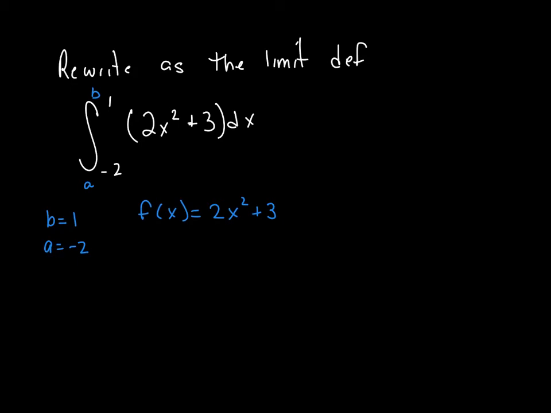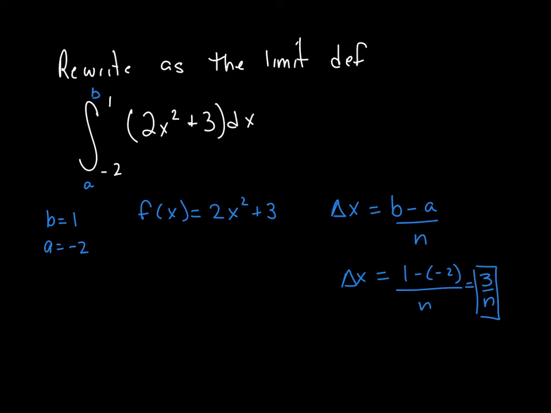I do need to know what delta x is. And delta x is the same thing it's always been, b minus a divided by n. So delta x in this case is equal to 1 minus -2 over n, or just 3 over n.